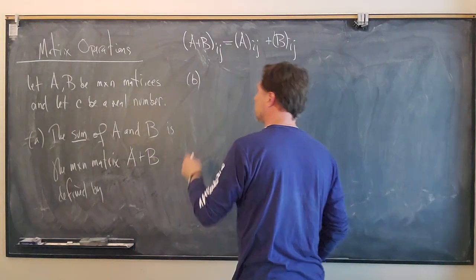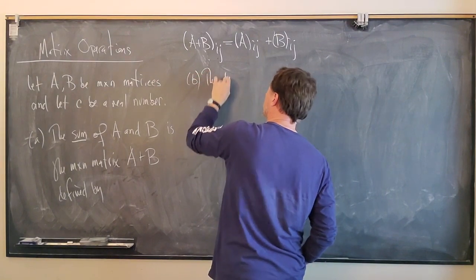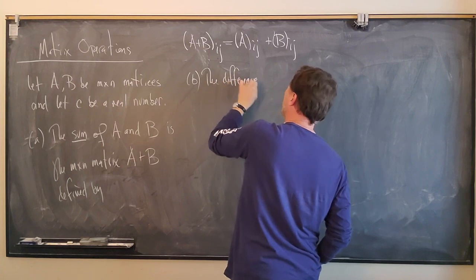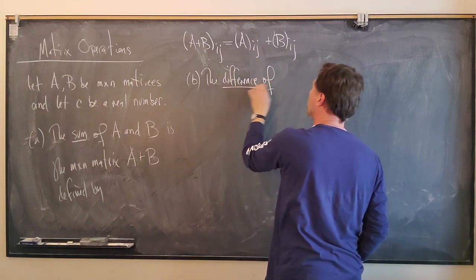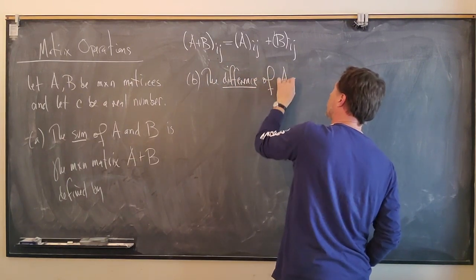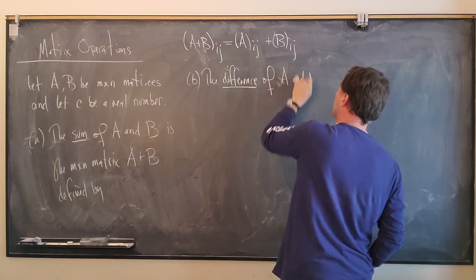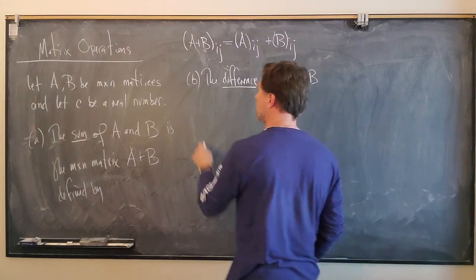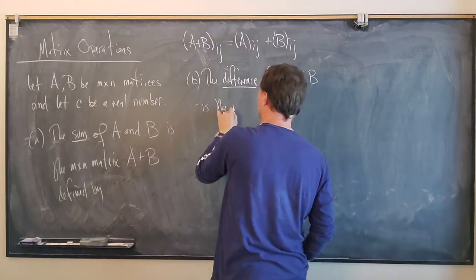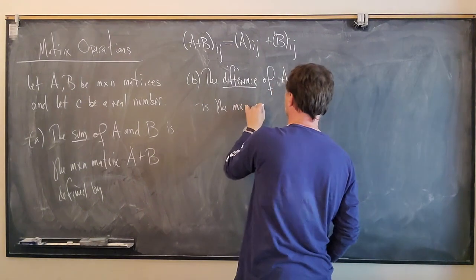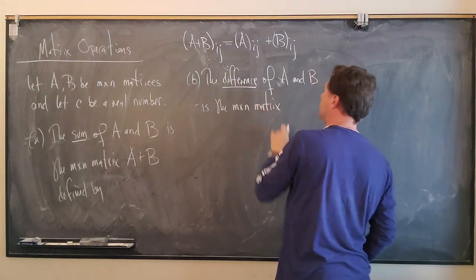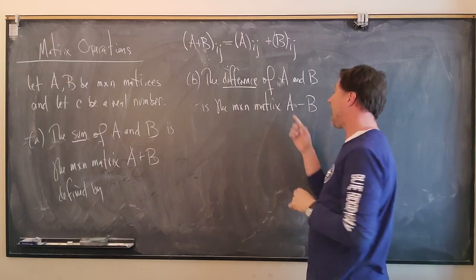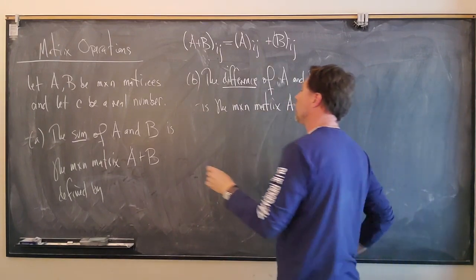Part B, the difference of A and B. So now we're defining what it means to subtract one matrix from another. So this is the m by n matrix, which we'll write, doing the obvious thing, A minus B, defined by.